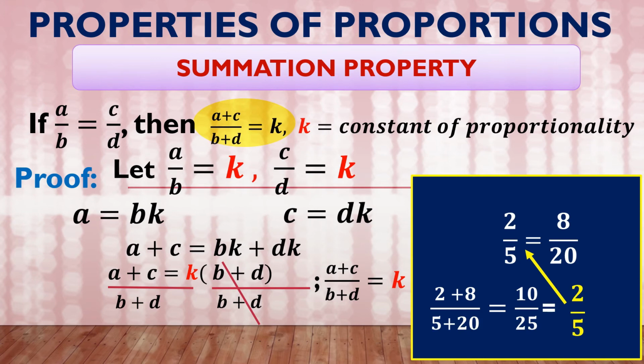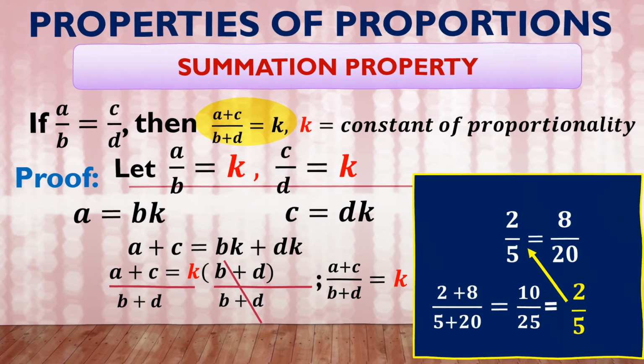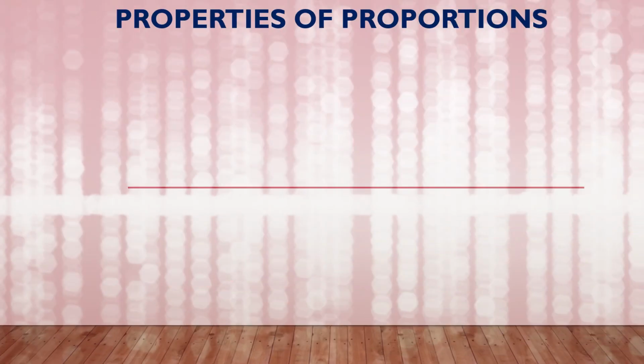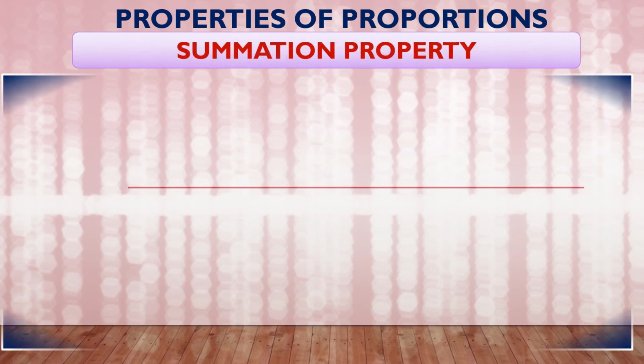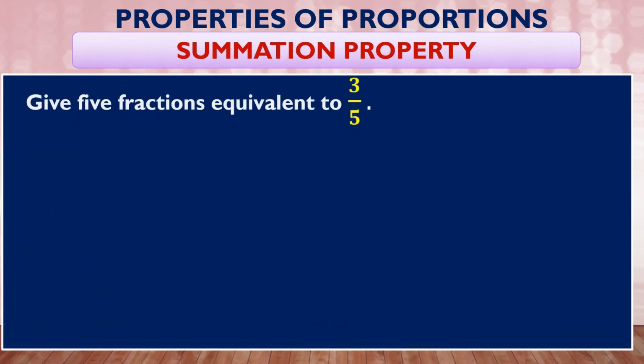Now, for us to have a clear understanding about this summation property, let's have this problem. So, give 5 fractions equivalent to 3/5. Bigyan mo raw ako ng 5 fractions na equivalent kay 3/5. So, some of those are 6 over 10.